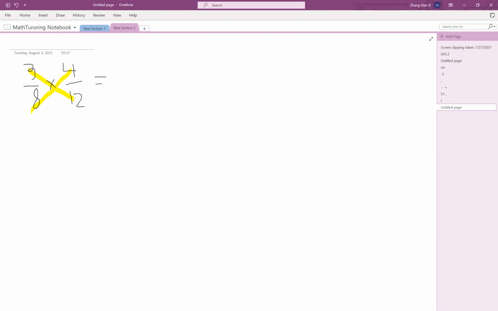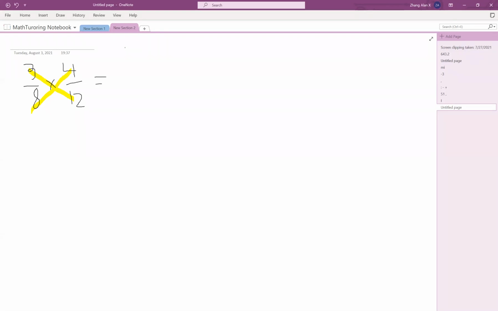You would divide 3 and 12. What's the relationship? They're both divisible by what number? 3 and 12.